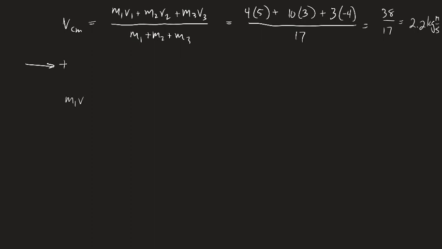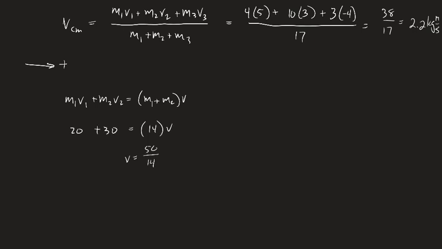You have a collision that occurs between the first 2 cars. So m1v1 plus m2v2 ends up equaling m1 plus m2 times their combined velocity V. In this collision, this is still going to be 20 plus 30 equals 14V. So V is 50 over 14.